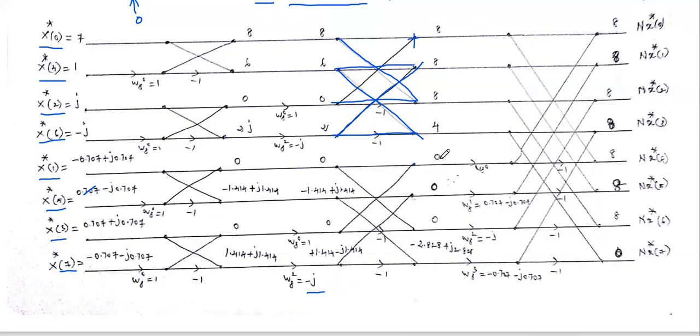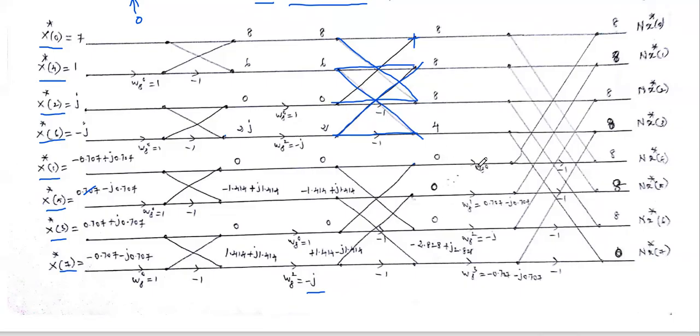So next, this answer is applied as an input to the third stage. Before giving it to the third stage, in the last 4 lines, there is a twiddle factor: W8 power 0, W8 power 1, W8 power 2, W8 power 3. And in the first 4 lines, there is no twiddle factor. So the same thing, 8, here 8, here 8, 4.